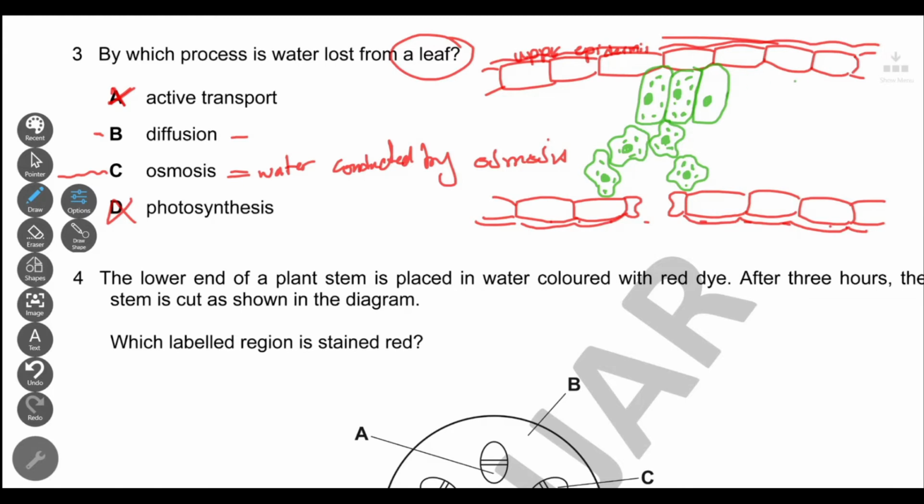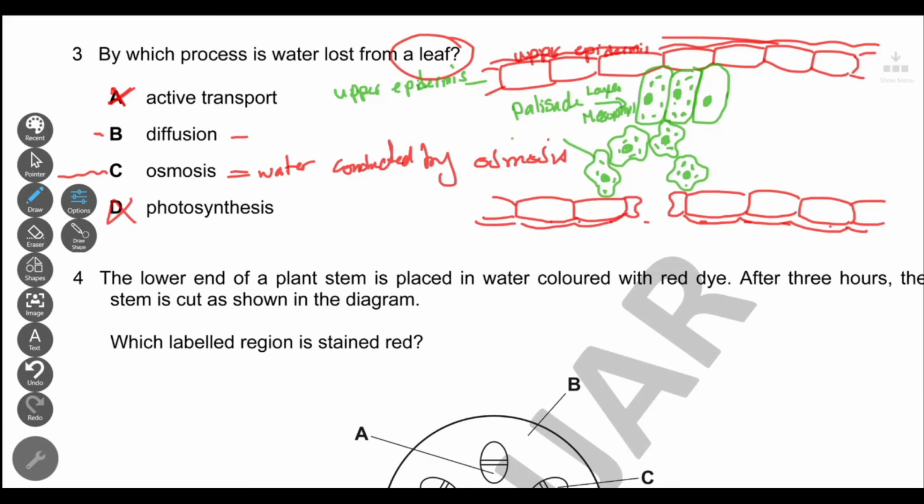Yeah, so this is the upper epidermis. And here is the palisade layer, or you can say palisade mesophyll. Both are okay.